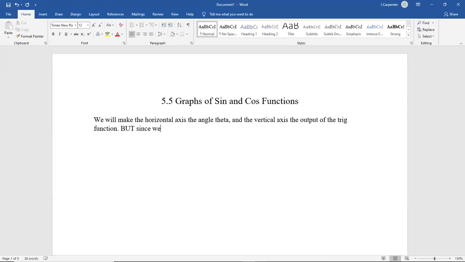But since we traditionally use x and y axes, we'll use these as the input and output variables.